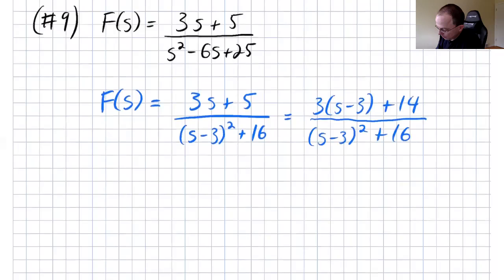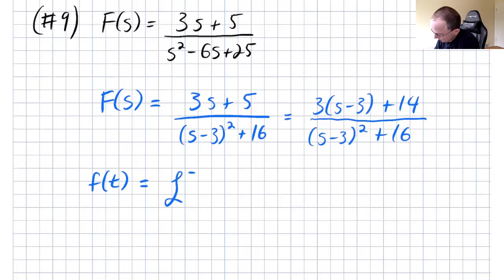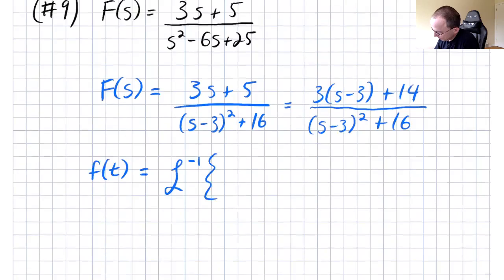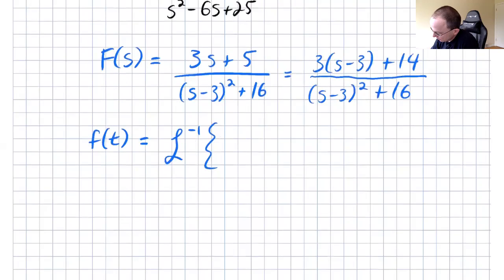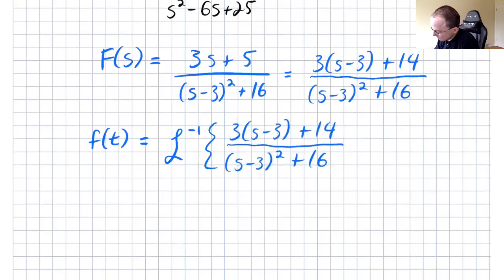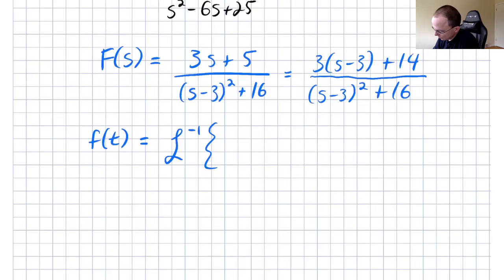So now let's apply our translation rule. So we have that f of t is the inverse Laplace transform of this thing. Well, maybe instead of writing that again, let's just use the translation rule directly. It'll be a little bit easier.